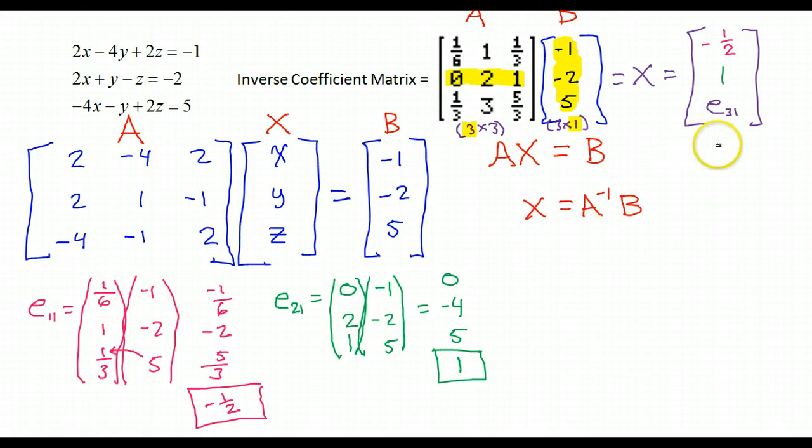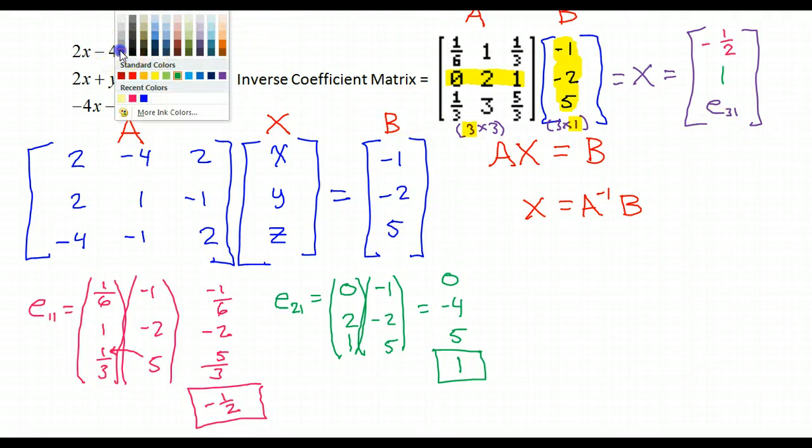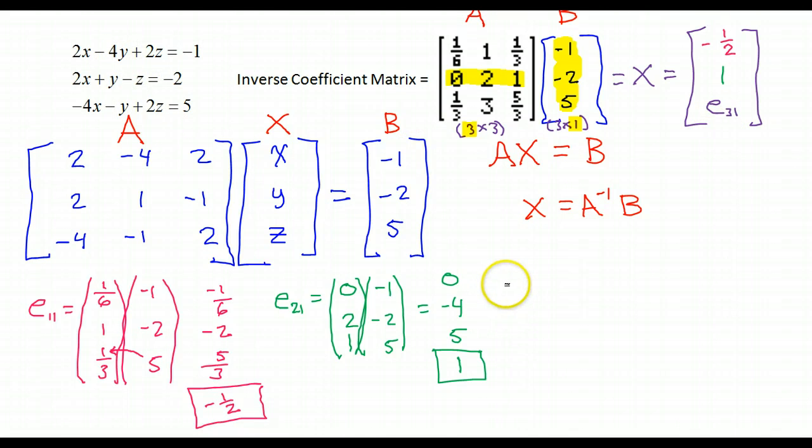All right, that leaves element 3, 1. Let's do that now. Element 3, 1. So that's the third row, first column. So let's move on to our third row. All right, and same column.